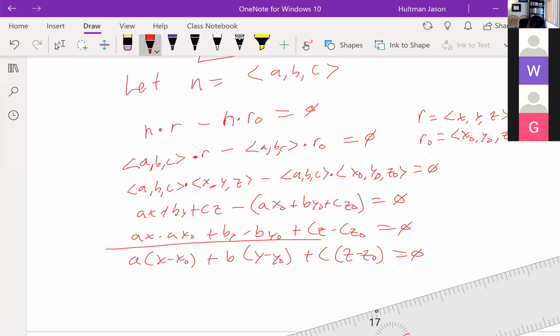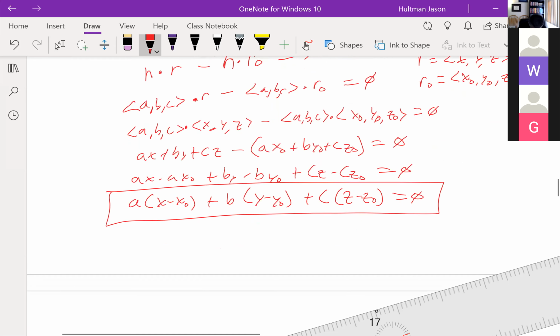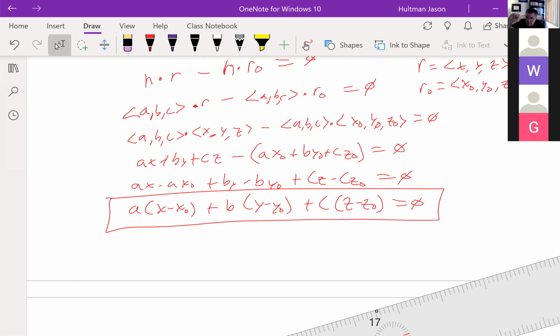And this is the equation of a plane. Okay, this is called the scalar equation of the plane. And this is the one we're really going to use. This is the one that's most important.